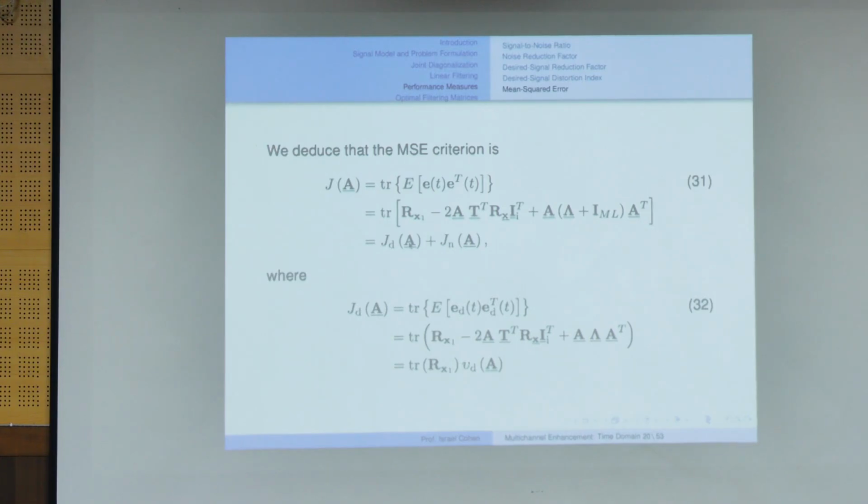We get MVDR. If we take the mean squared error and try to minimize it, we get the Wiener filtering matrix. If we put here mu, we get the trade-off filtering matrix, and so on.